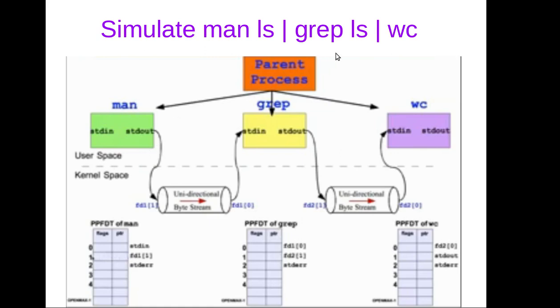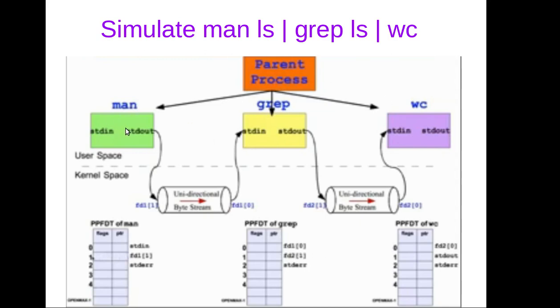Here first we create three child processes corresponding to the man, grep and wc commands. I create the child processes using the fork system call, and there is one parent process.